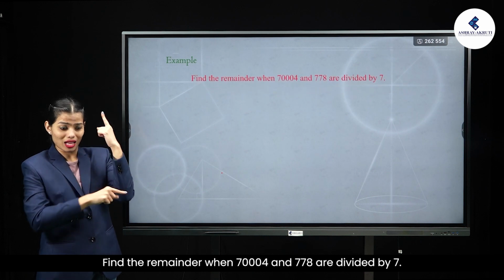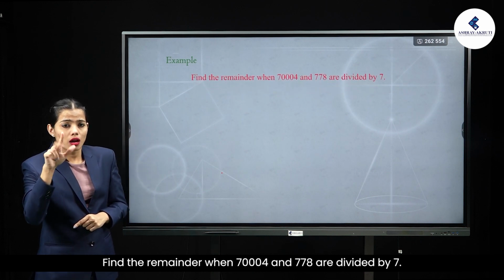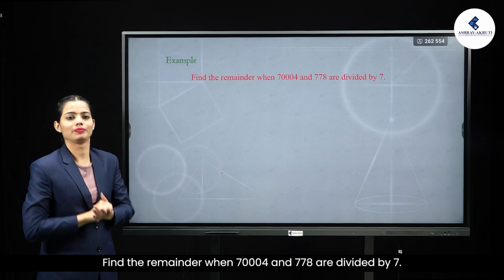Example: find the remainder when 70,004 and 778 are divided by 7.